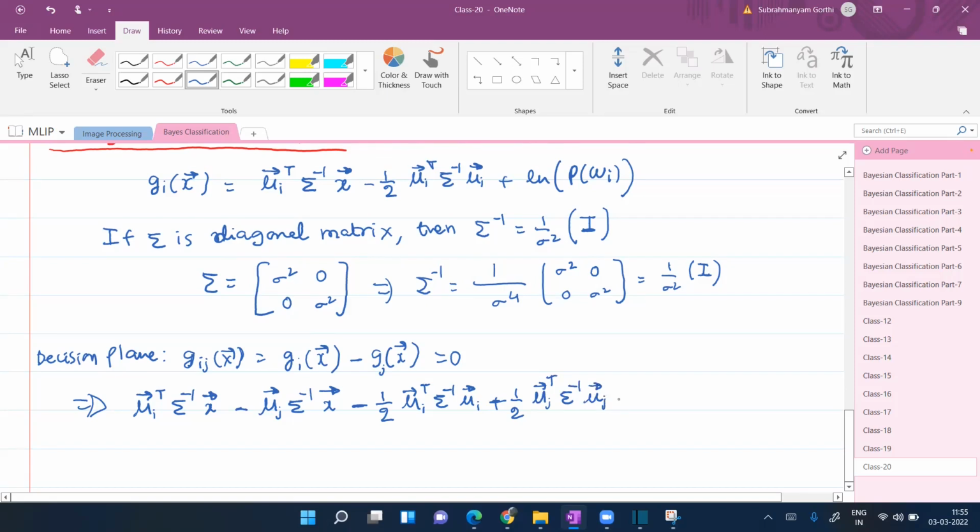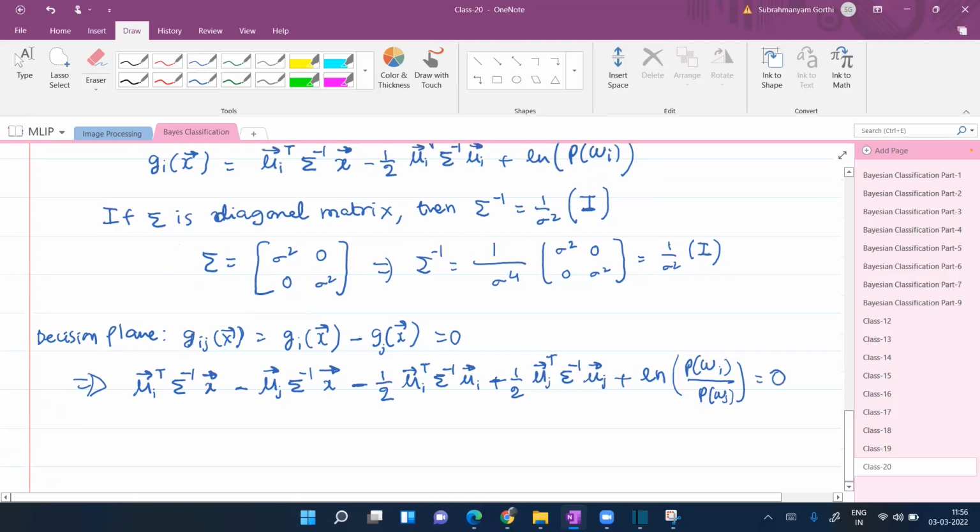Okay, plus anyway logarithm, log a minus log b equal to log a by b. So I will write it as probability of omega I by probability of omega j, this being equal to 0.